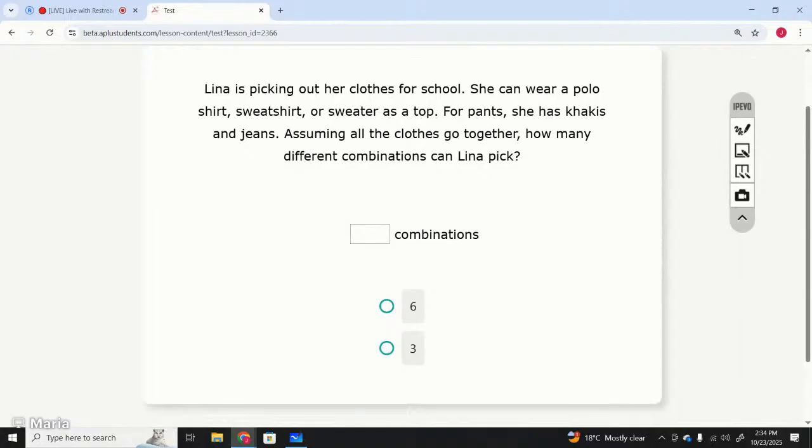Polo, sweat, and sweater, 3 and 2, 6 is the correct option. Option number 1 is the correct option.